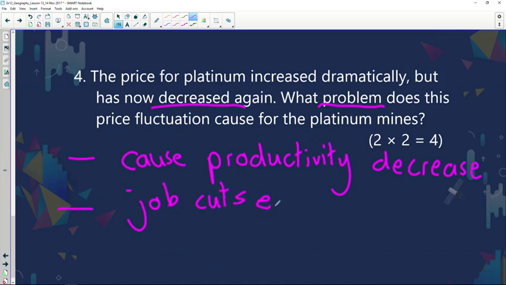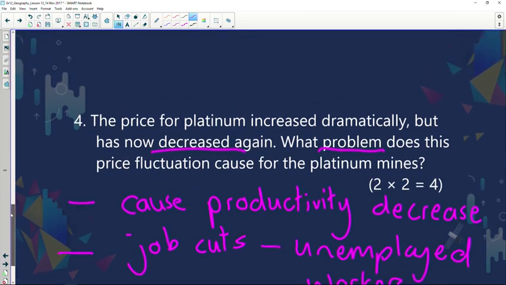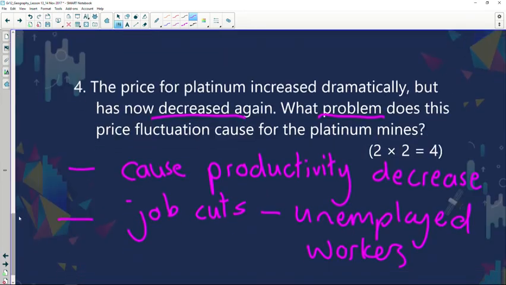And that will lead to unemployment. And unemployed workers can be of great concern, because that means the standard of living of those mine workers will decrease.